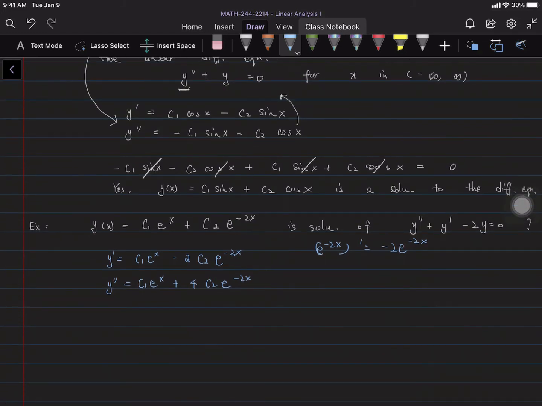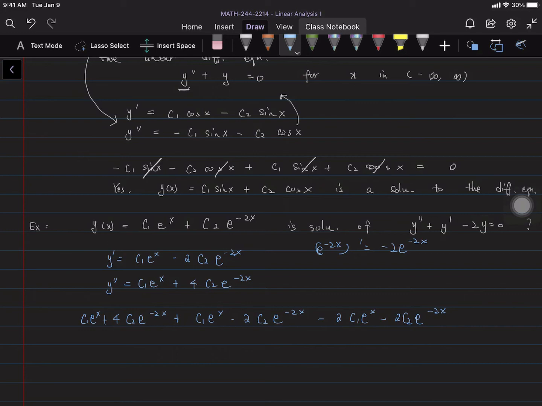Now plug into the differential equation. Okay, be a little bit careful. Here I just open the parentheses, so change the sign, and 2c2e to the negative 2x, and let's see if we can cancel some terms.